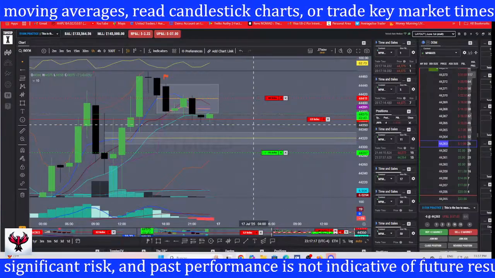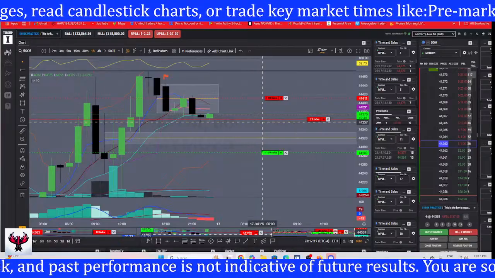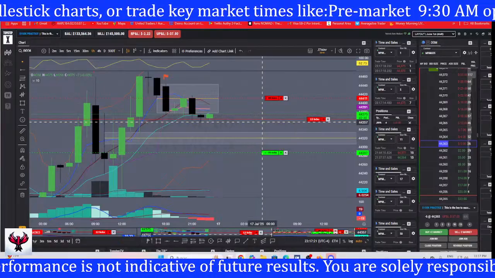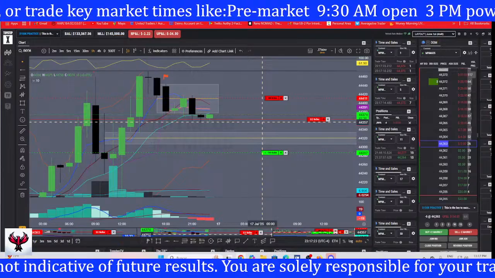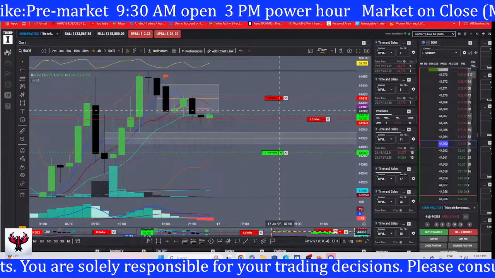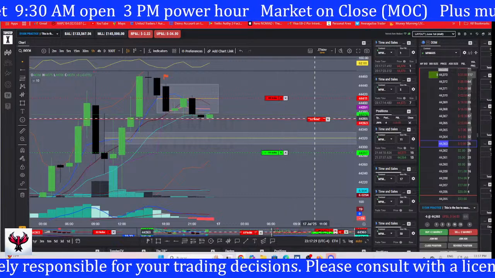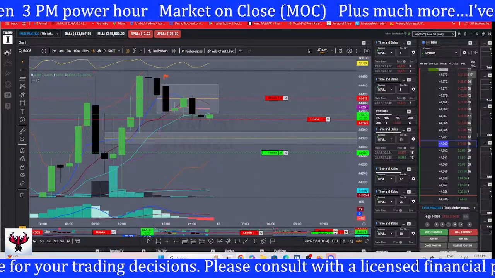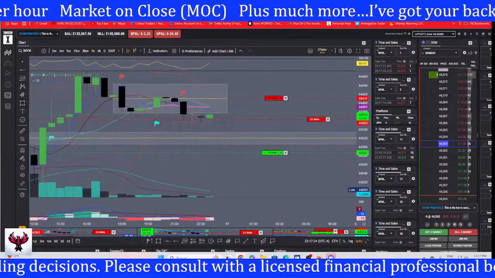Okay, so I see double bottom here. Double bottom on the 1 hour. I'm not liking this at all. Not liking this. Oh, so now I gotta go to the 30-minute.